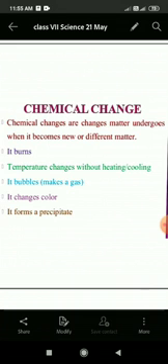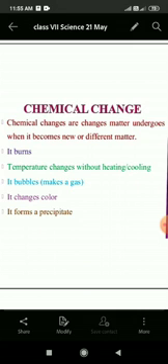First, it is a permanent change. The second property is that the composition of the substance is changed and results in the formation of a new substance. The next property is that energy is either absorbed or given out during this change.